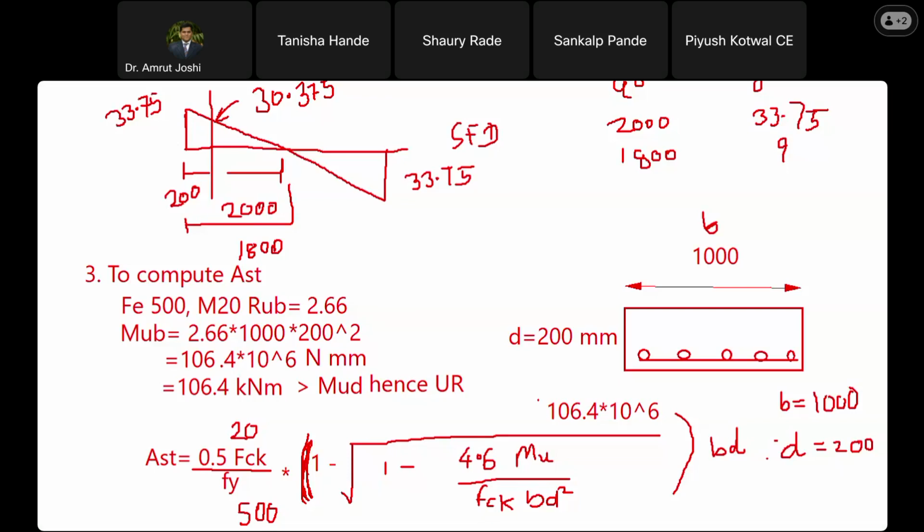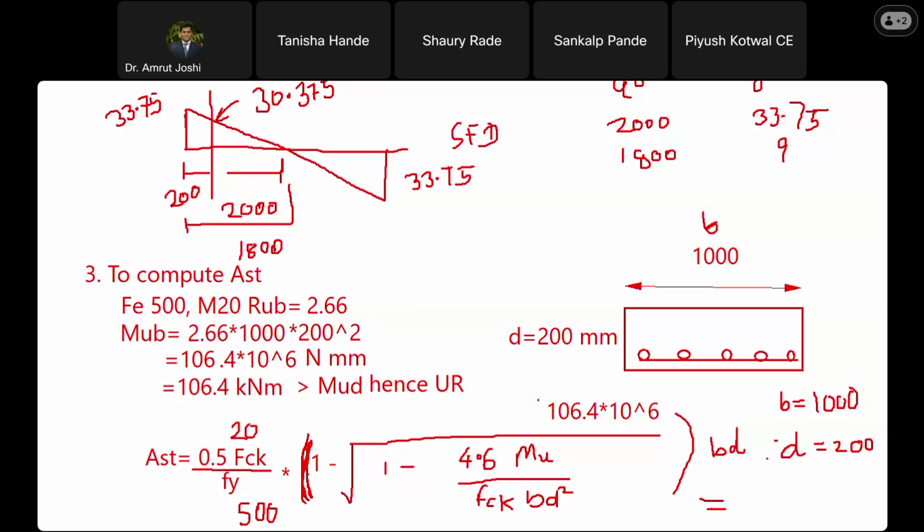So can you tell me now how much is AST? Sir, I'm getting it as 2.49 into 10 raised to 3. Let me cross verify, one minute. Yes, sir.